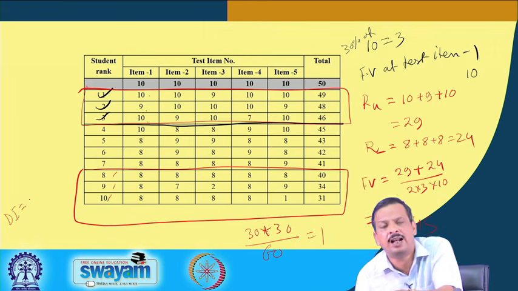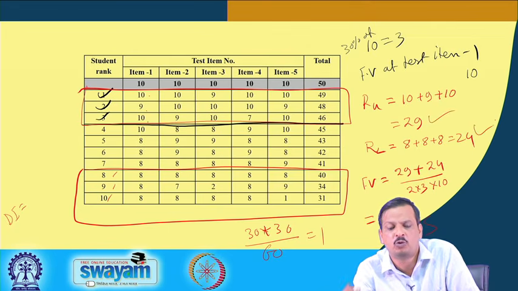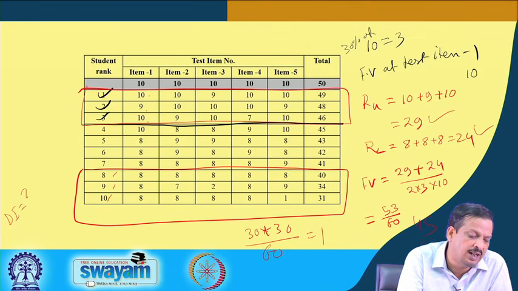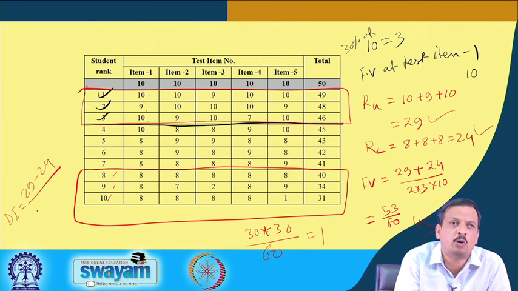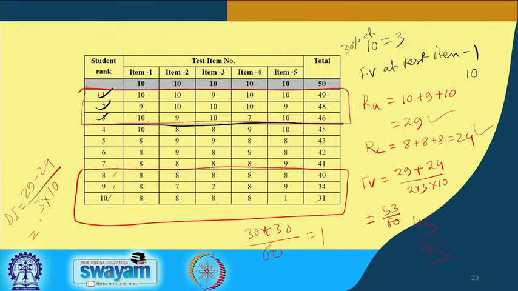Marks obtained by upper group 29, marks obtained by lower group 24. So, 29 minus 24 divided by the group size of the upper group, 3, times the highest total marks of the test item, 10. So, it is 5 by 30.